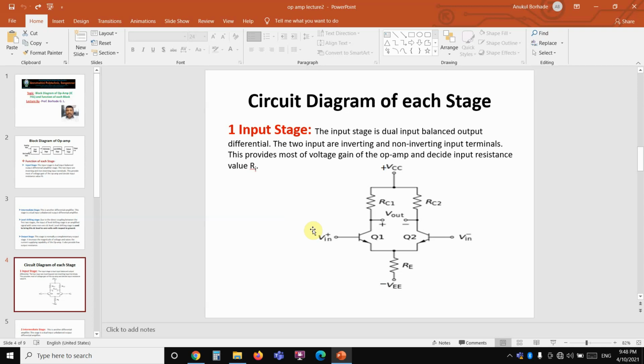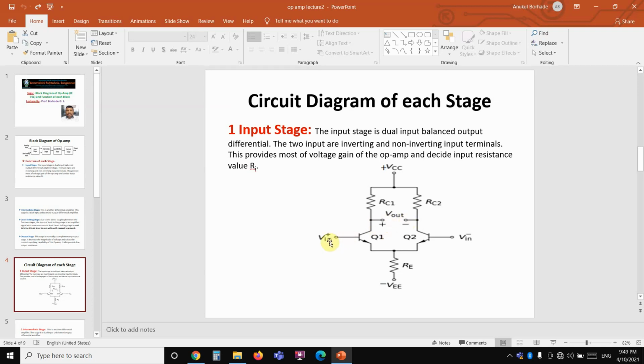The first stage is the input stage. The input stage has two inputs. One is the Vin plus, means that this is the non-inverting input, and another one is the Vin minus. This is the inverting input. Both the inputs are applied to the base terminals of the transistors Q1 and Q2, and the output is taken at the collector terminals of the transistors Q1 and Q2.